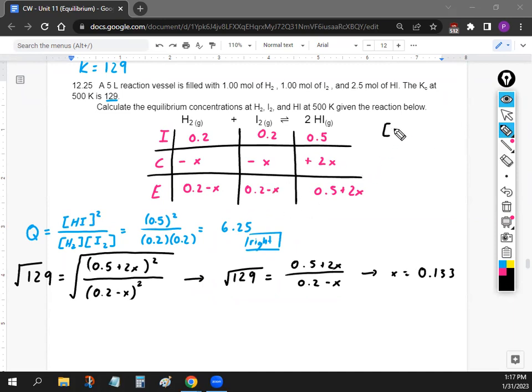So the concentrations for H2 and for I2 are going to be the exact same value, 0.067 molarity. And then for HI, it is going to be 0.766 molarity. Okay, so there you go. That is how we can use Q in order to find equilibrium concentrations for more complex systems.